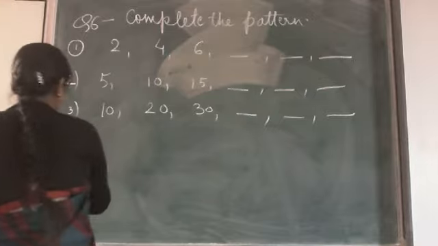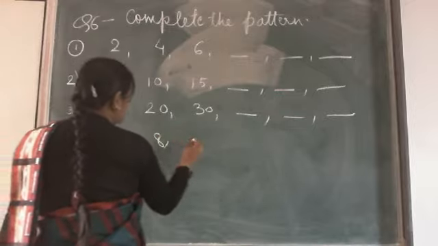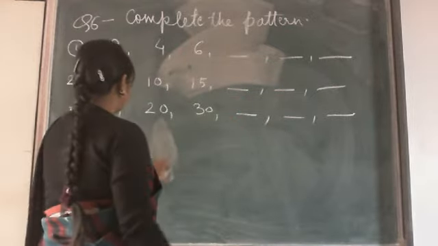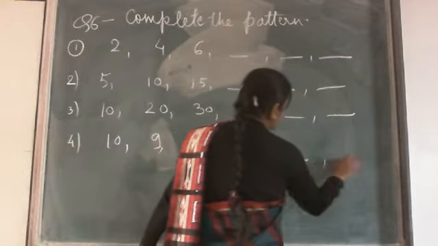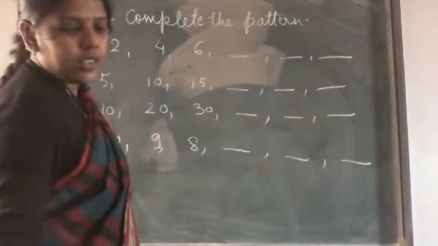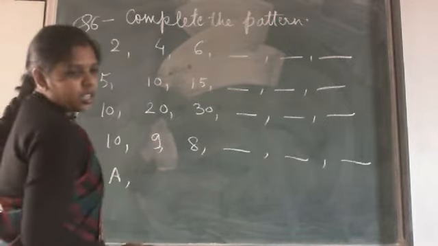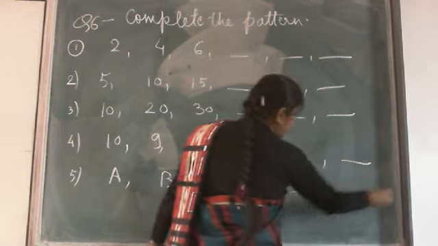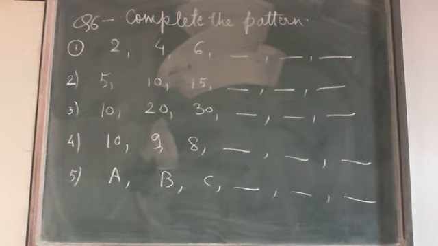Now fourth: 10, 9, 8, dash, dash and dash. Then the next is A, B, C, dash, dash and dash. You also first write all the 5 patterns fast. Write fast.